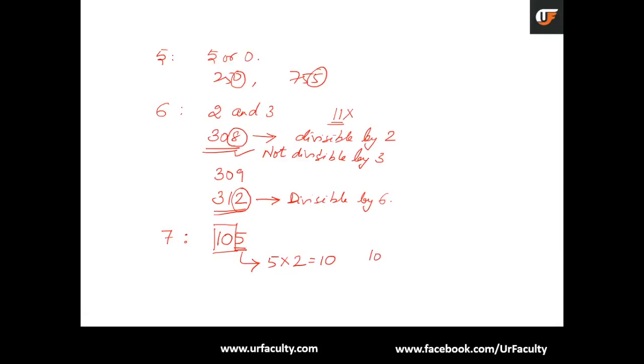So 10 minus 10 is equal to 0. So which means 0 is divisible by 7, and hence 105 is divisible by 7. I'll try to explain it again with another example. It is basically doubling the last digit and subtracting it from the remaining number.